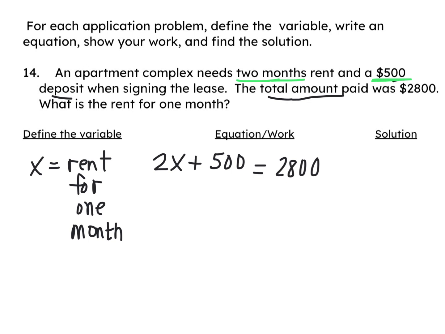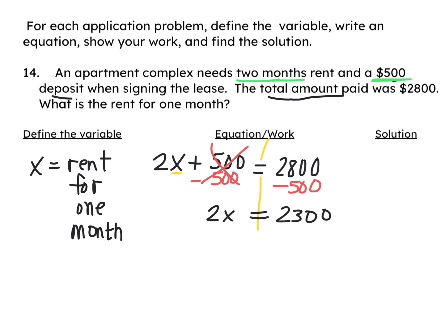Okay, so let's follow our steps. There's no distributive property, there's no combining like terms, but we are going to isolate the variable like we've been doing. So we do our inverse operations. So let's subtract 500 on both sides first. Okay, so that eliminates our 500 on the left side. Bring down your 2x.